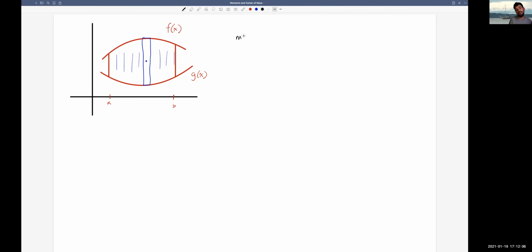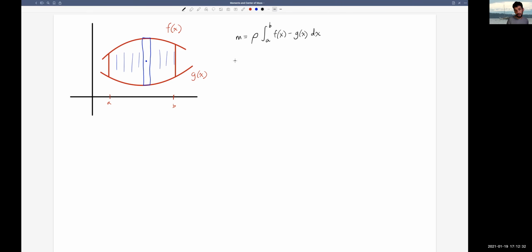The mass of this kind of shape can be given by the density, rho, times the area, which is just the integral of f of x minus g of x. That's the height of each rectangle in each spot in the approximation, and then in the limit we get to this.